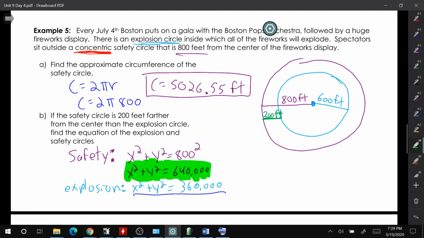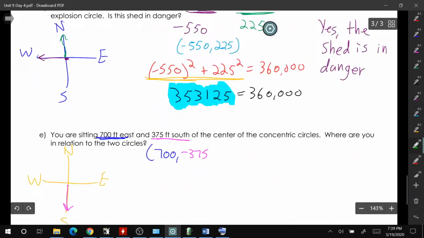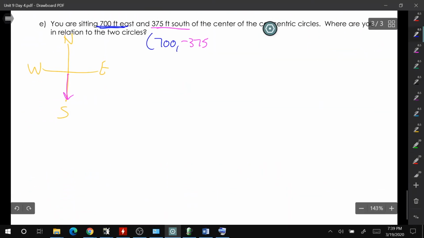If I'm outside of that, then I have to be outside the explosion circle as well. So we'll type this into the calculator: 700 squared plus negative 375 squared.